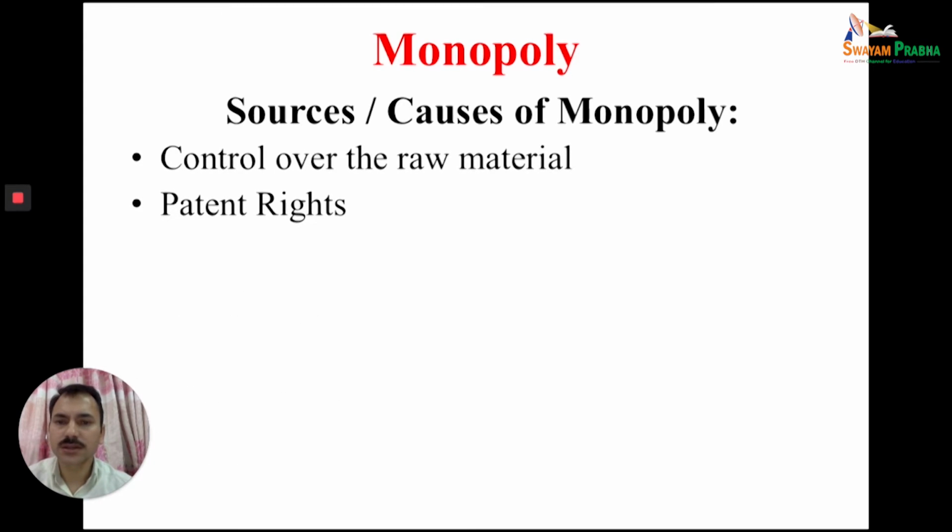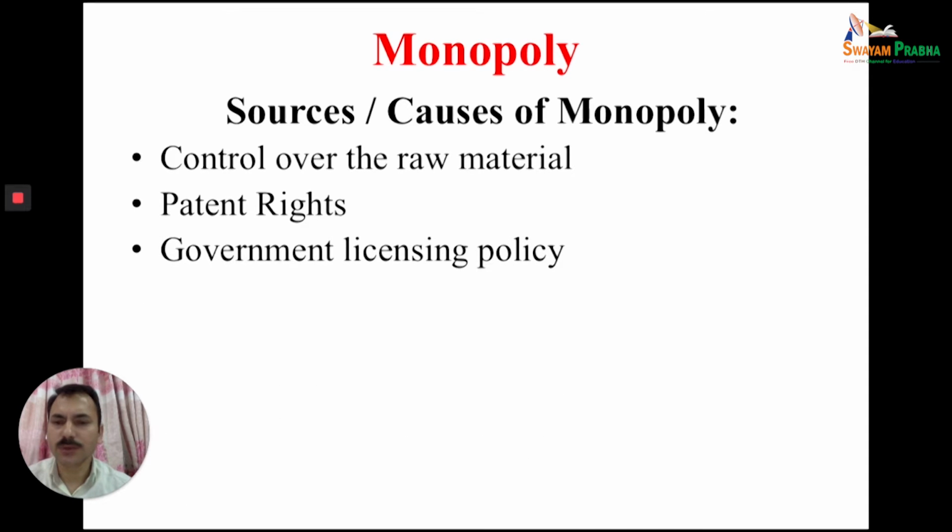Patent rights, copyrights: if you have a patent right, there can be a monopolist. Government licensing policy: if the government gives a license to a particular person or agency, that becomes the monopolist.